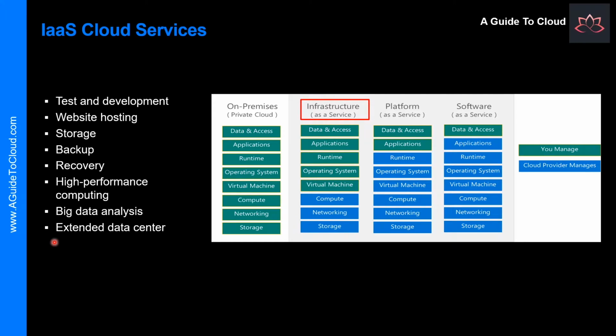Last but not the least is extended data center. You can add extra capacity to your data center by adding virtual machines in Azure instead of incurring the cost of physically adding hardware or space to your physical location. You can connect your physical network to the Azure cloud network seamlessly.